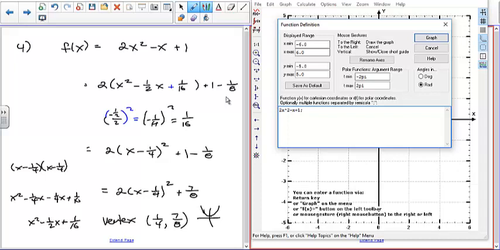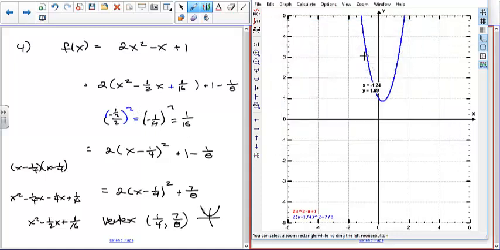And then I'm going to do the one in standard form because they should be the same. So I'm going to take 2 times (x minus 1/4) quantity squared plus 7/8. I hope this is right because I don't want to have to redo this whole thing. And what I should see is one graph, and you can see that I do.